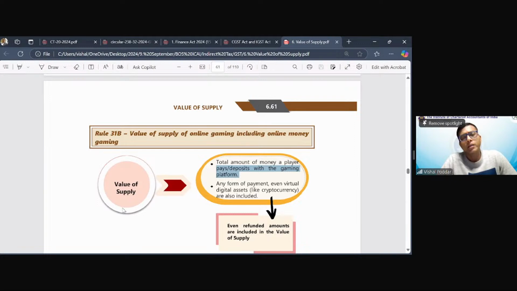So in my example, I have put 100 rupees in my wallet at the start. The moment I put 100 rupees in my wallet, 28 rupees tax is gone. So effectively, my wallet shows 72 because they removed 28 rupees of tax. My wallet becomes 72.